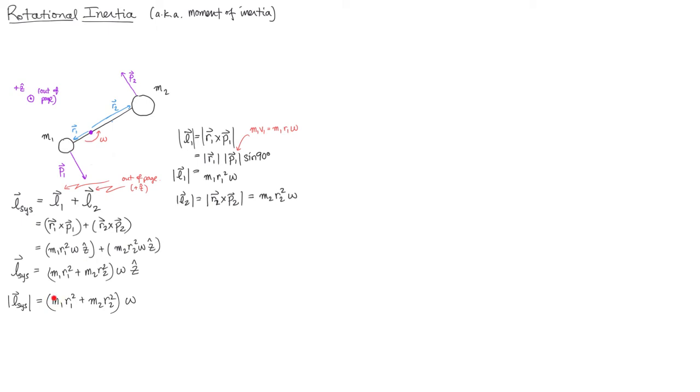What are the masses and where are they relative to the origin? So this depends only on the shape of the system, and by shape, I mean the masses and their relative configurations. So we can group that into a quantity called the rotational inertia.